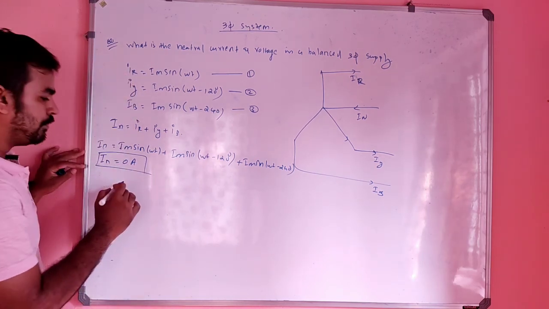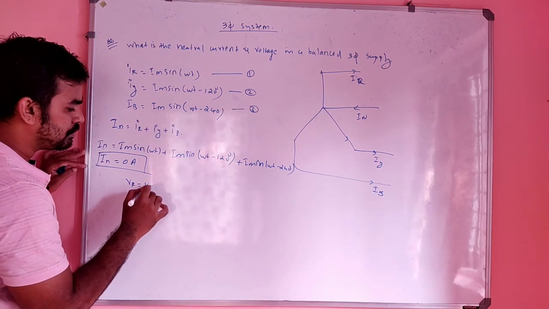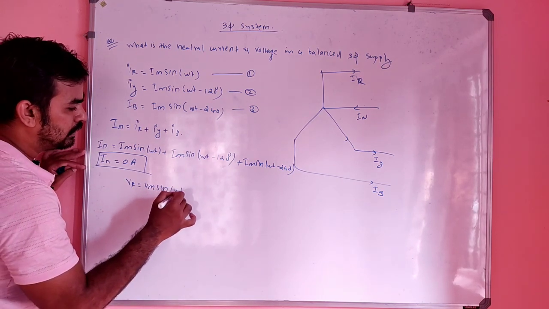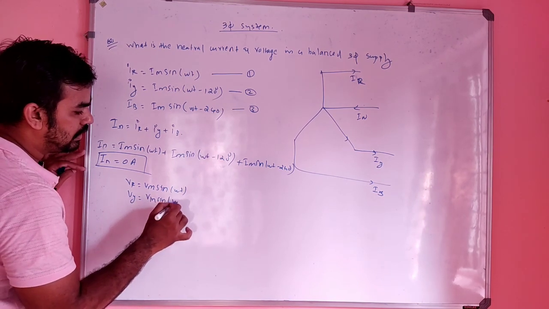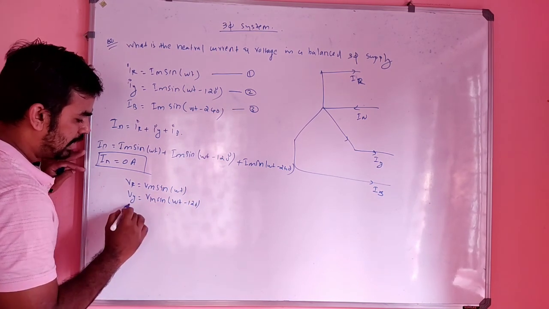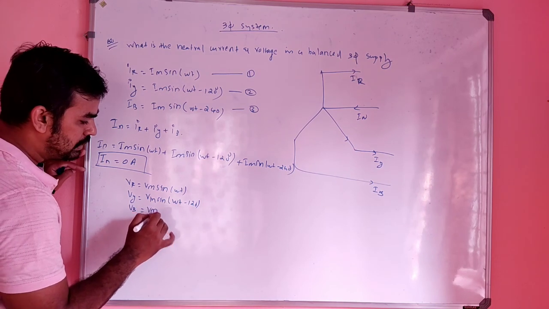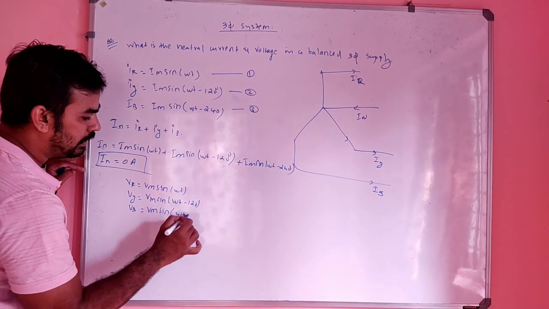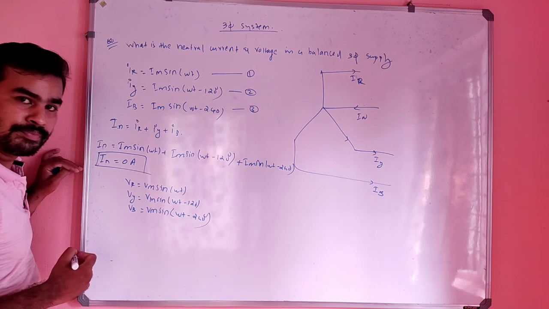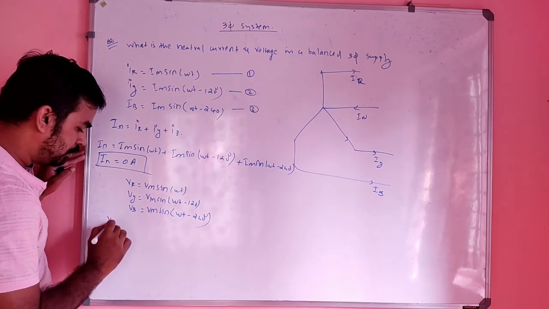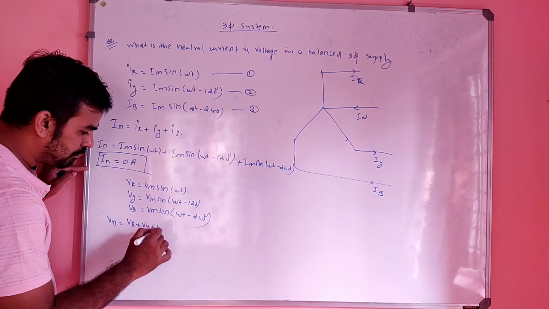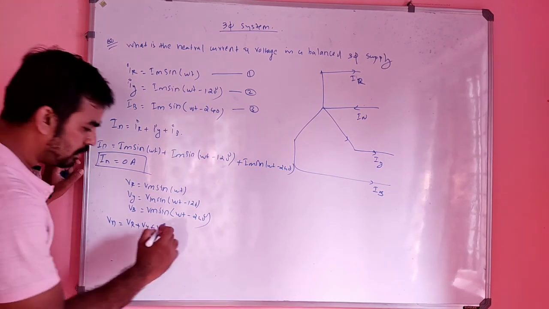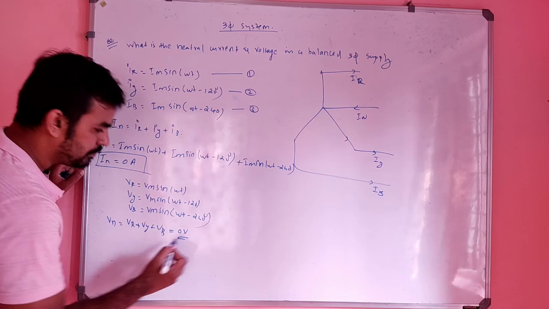In a similar manner, VR equals Vm sin omega t, Vy equals Vm sin of omega t minus 120, and Vb equals Vm sin of omega t minus 240 degrees. Then also the neutral voltage is the sum of Vr plus Vy plus Vb, which is 0 volt.